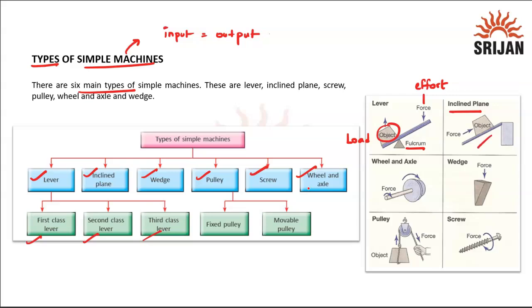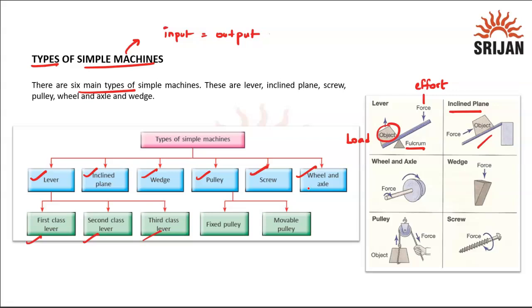A very simple idea of this is, let's say you bought a car and now your house is a little bit up from the road. How will you take the car inside the house? You need that inclined plane so that your car can go inside the house. This is how easily you can understand the role of an inclined plane.